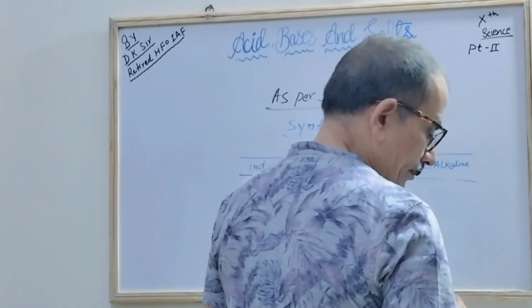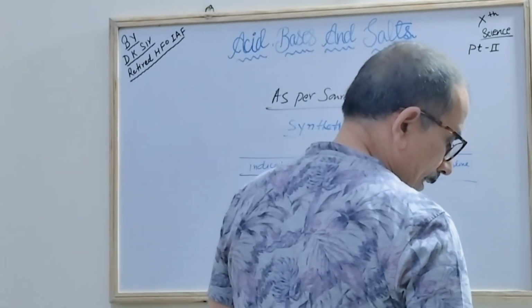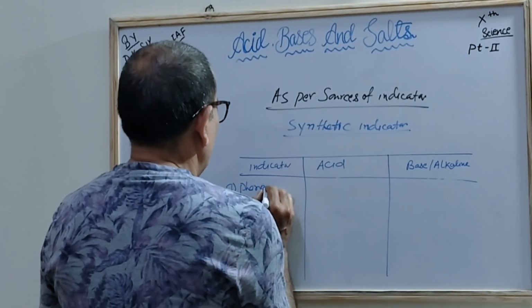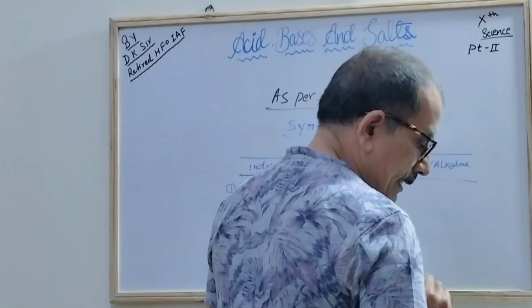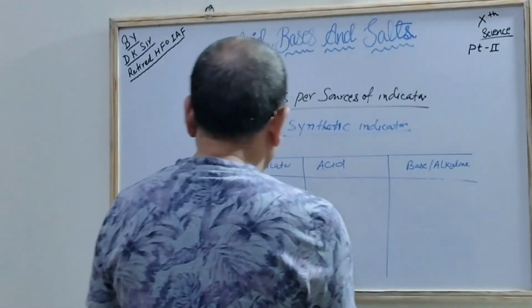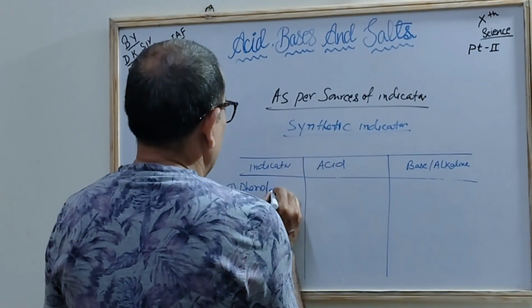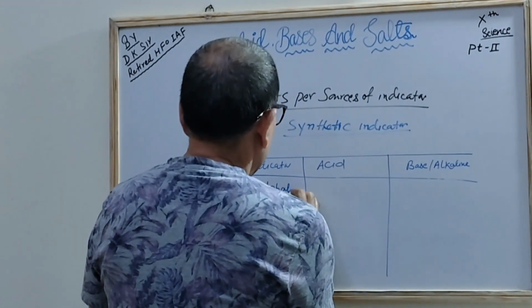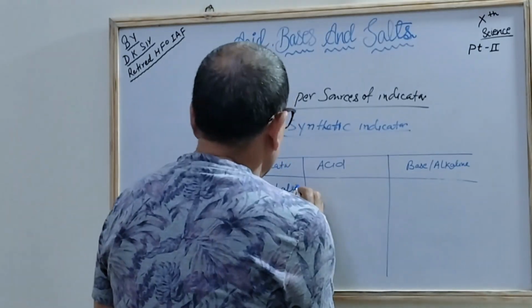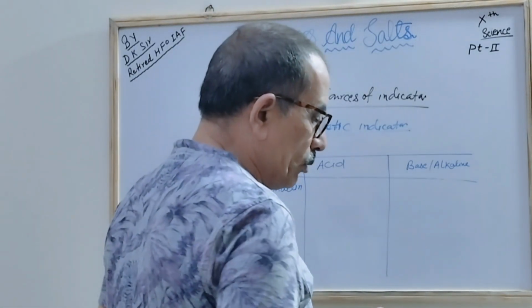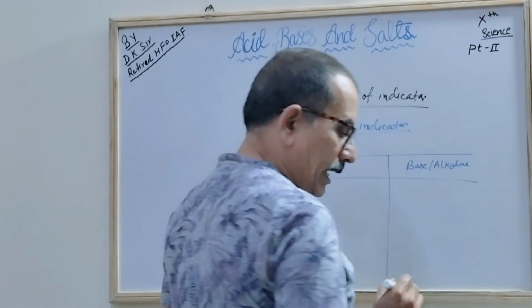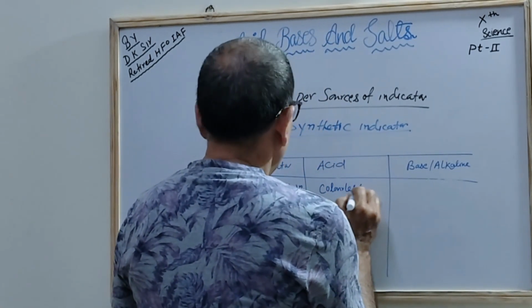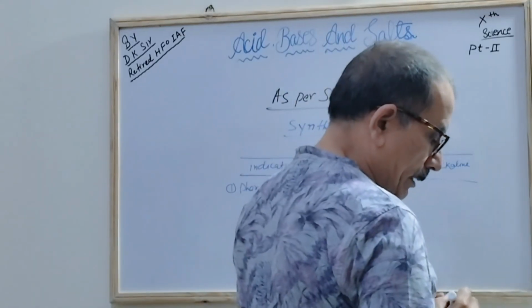We will see phenolphthalein first, the spelling we will see: PHENOLPHTHALEIN. Phenolphthalein. When you put this one in the acid, it will become colorless.